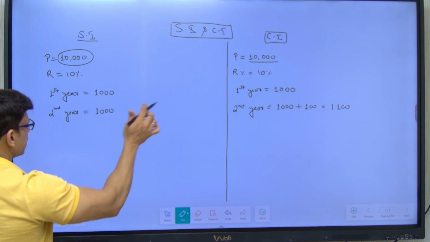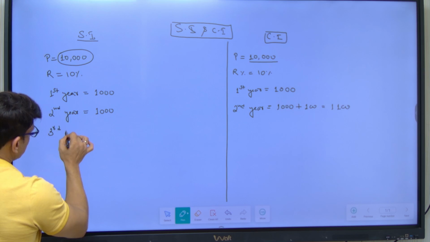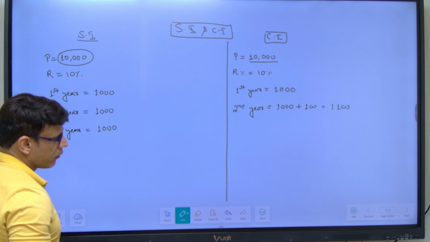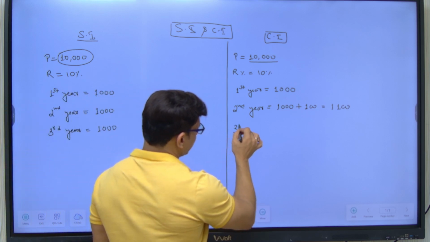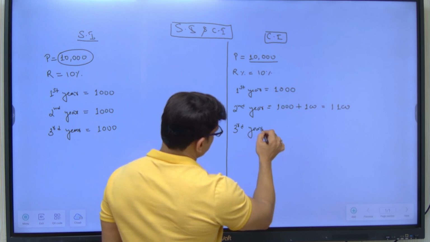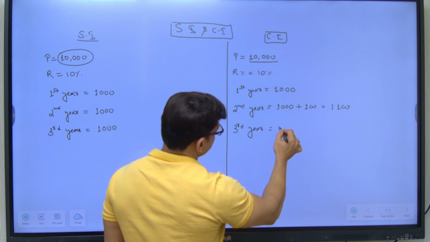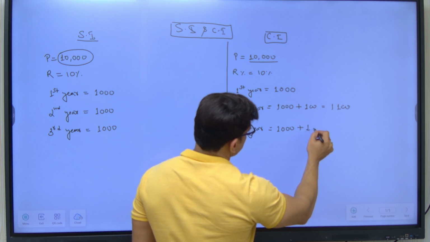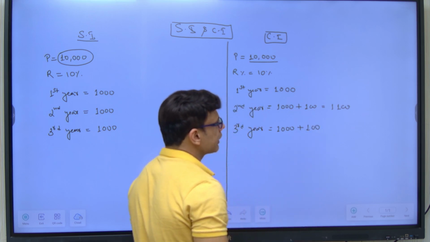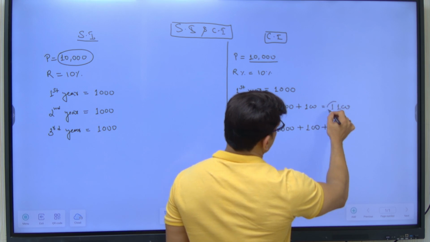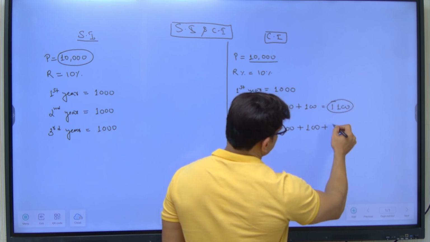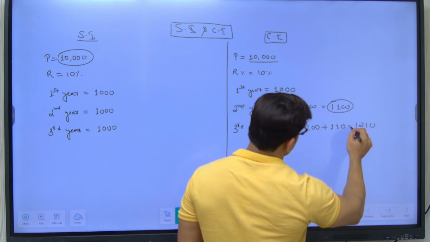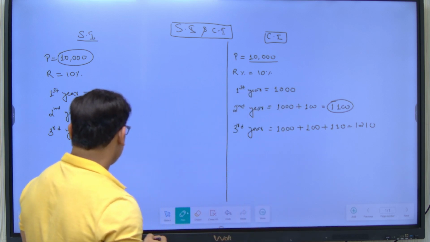So here it is 1,000 versus 1,100. At the end of the third year, the simple interest bank will again give you 1,000 rupees. The compound interest bank will give you 1,000 rupees on the initial investment, plus 100 rupees on the first year's interest, plus 10% of the second year's 100 rupees, which is 10, making 110 rupees, so 1,210 in total.